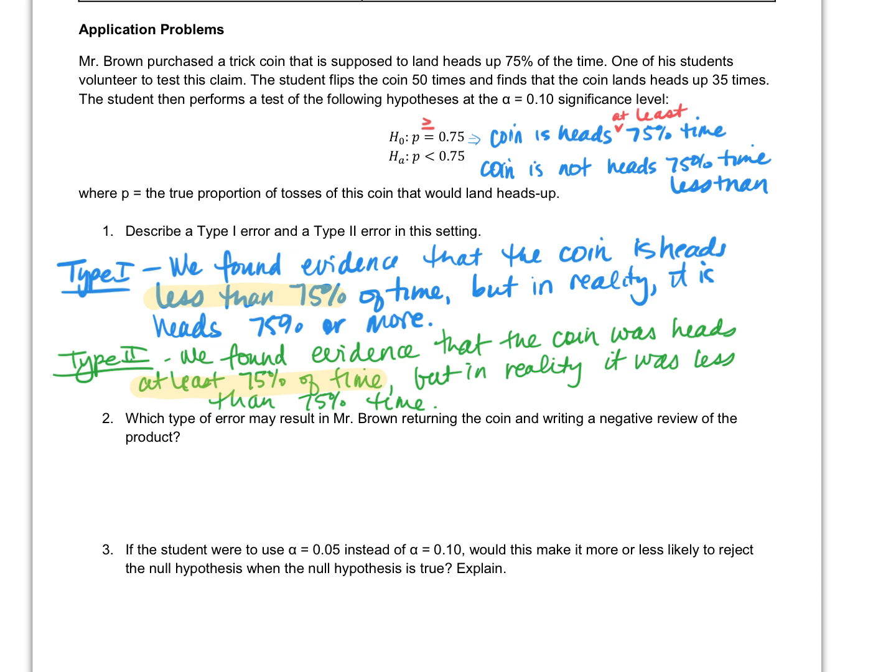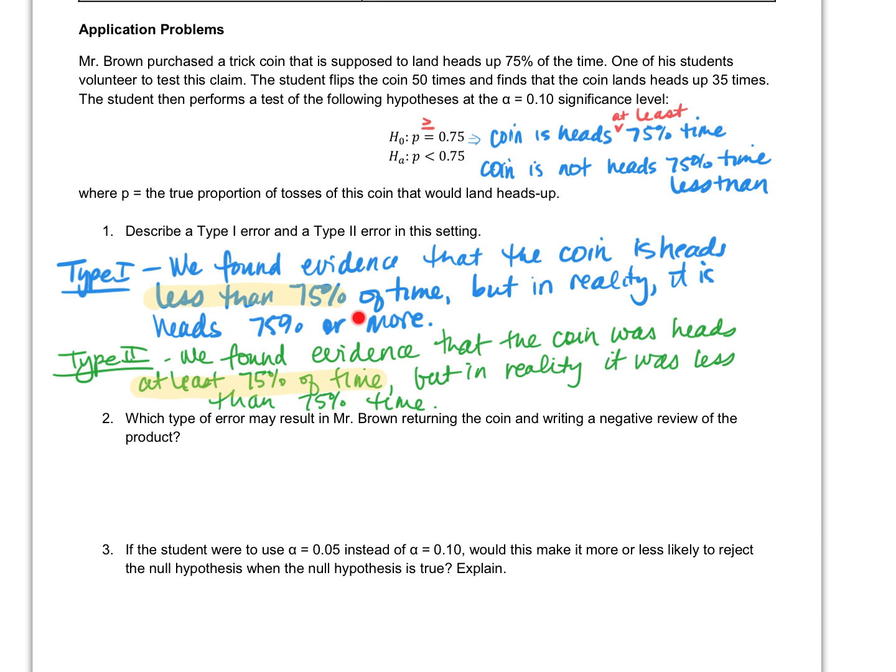So it's not about what reality is, it's about what we found evidence for. Is that clarified a little bit? It's like, what did our evidence show? So that would be a type 1. You with me? Okay, thank you. It's confusing, I know. I thought I had 2 at first, too. Because at type 1, it looks like the coin is not doing what it's supposed to be doing, right?